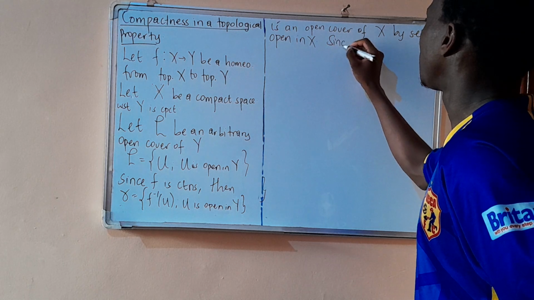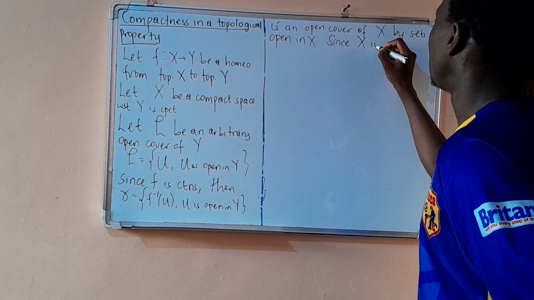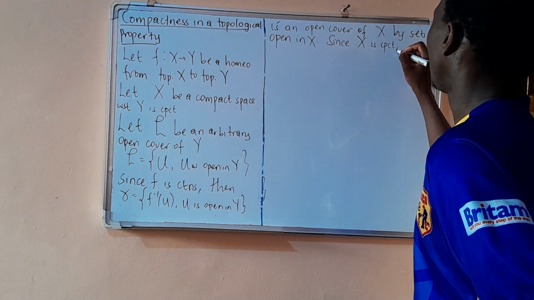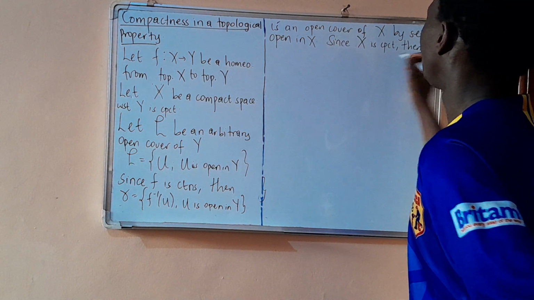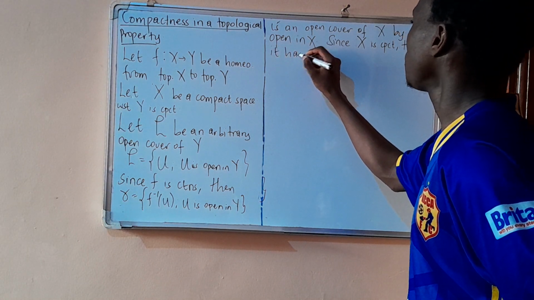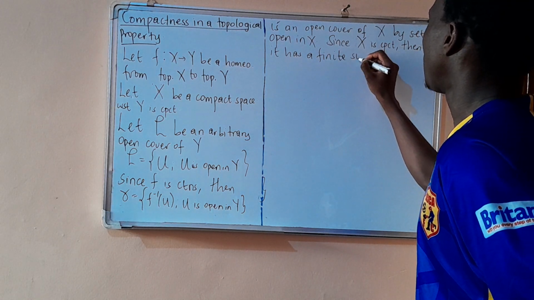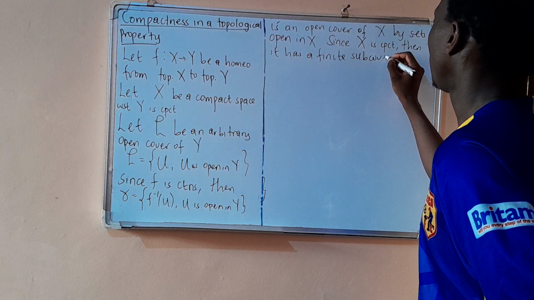Since X is compact, then it has a finite subcover.